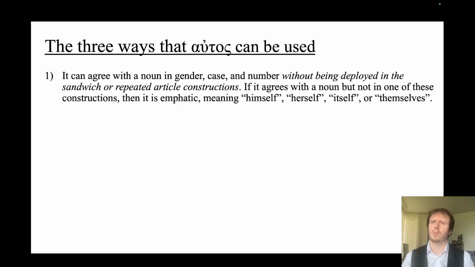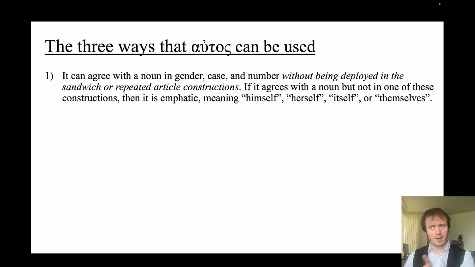For example, you could say, I met the Queen herself. Meaning, I didn't just meet some servant of the Queen, I met the Queen herself. That's how αὐτος is used in this sense. Okay, it's used for emphasis. And when it's being used in this way, it can appear in any case, because you could say, I am speaking to the Queen herself.